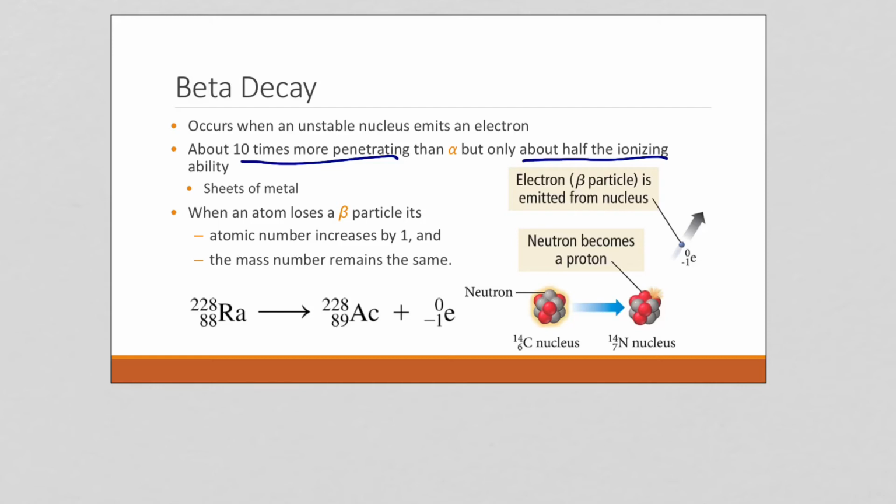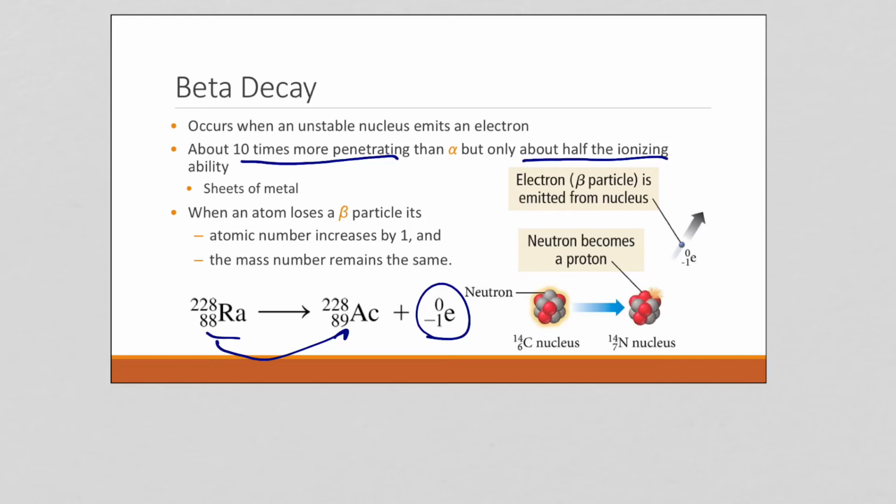Again, if we track this, what we see is if we start with our parent, like a radium-228 isotope, we know that the atomic number is going to go up by 1. Because if we look at a beta decay, it has a 0, -1 notation. So it causes the mass number to remain unchanged.